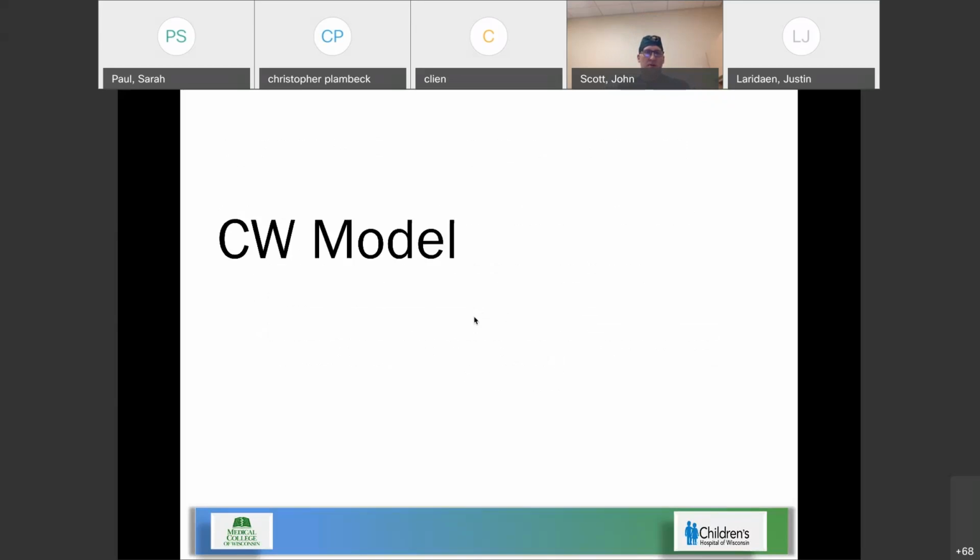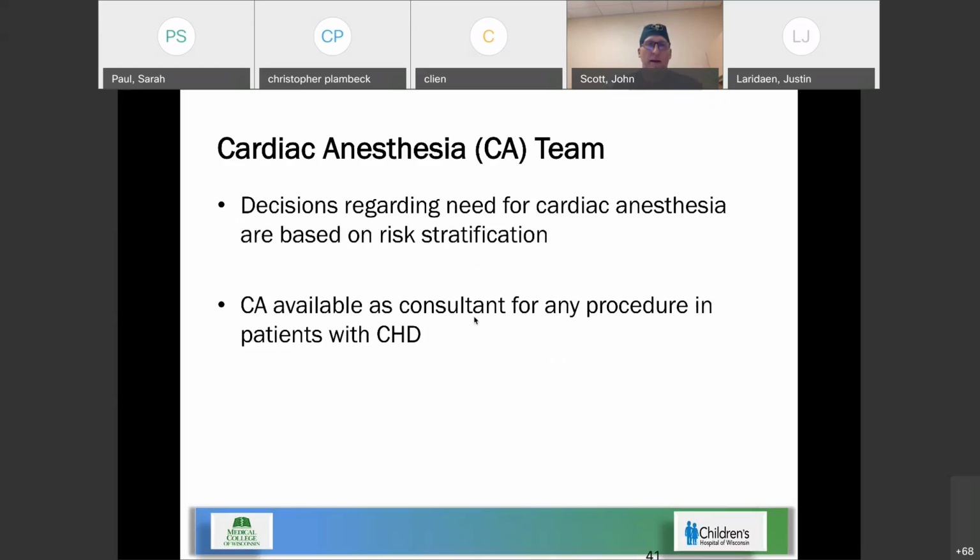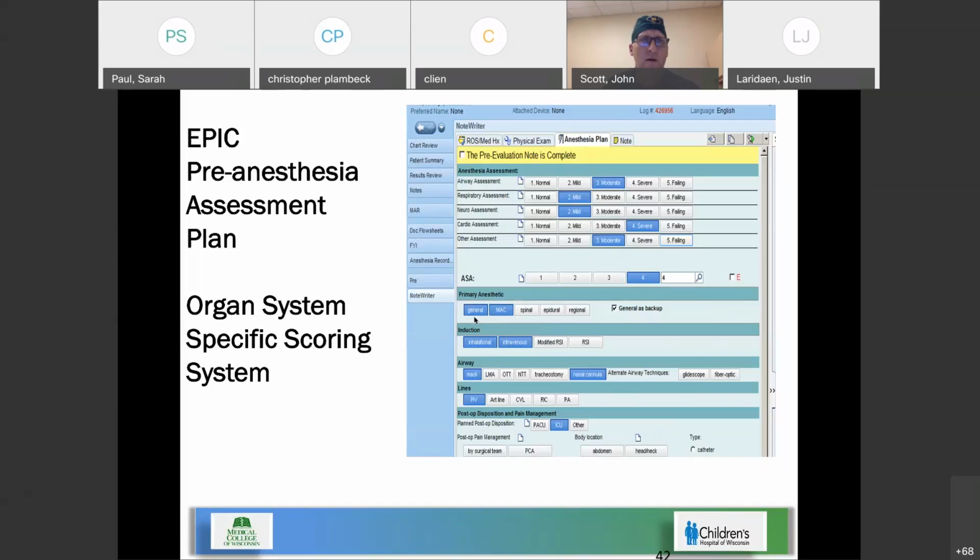So back to our model at Children's. So we have a cardiac anesthesia team, and decisions regarding the need for cardiac anesthesia are based on risk stratification. Cardiac anesthesiologists are available as consultants for any procedure in patients with congenital heart disease. We have an EPIC-based pre-anesthetic assessment, just like in the VA.